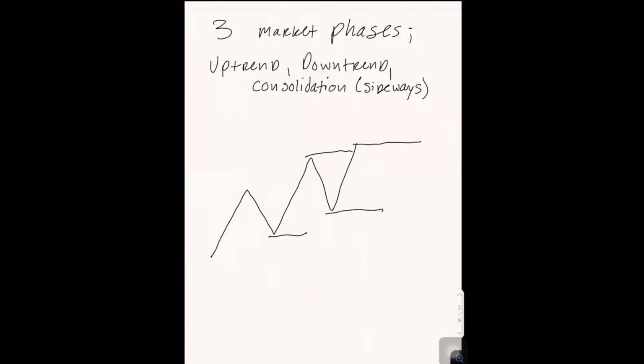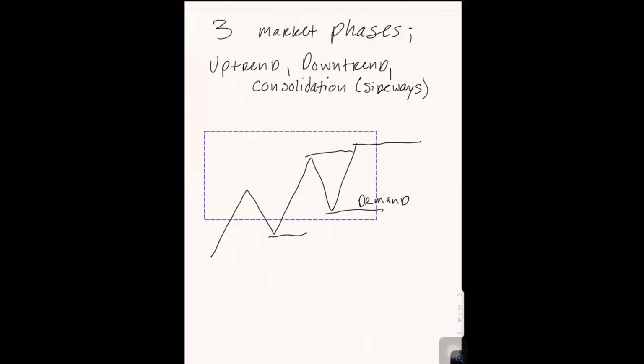The trend is going up because it's appreciating or going higher, and that's driven by something called demand or buyers. So buyers are in control, and we see a repeated pattern of them putting in orders and pushing price higher.